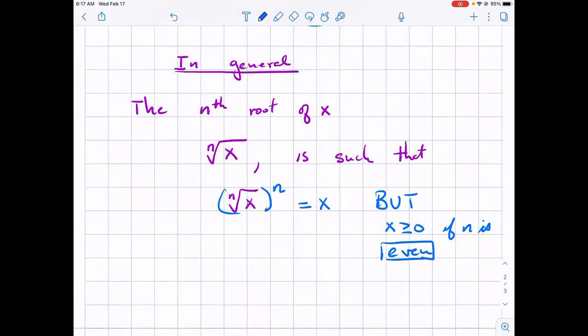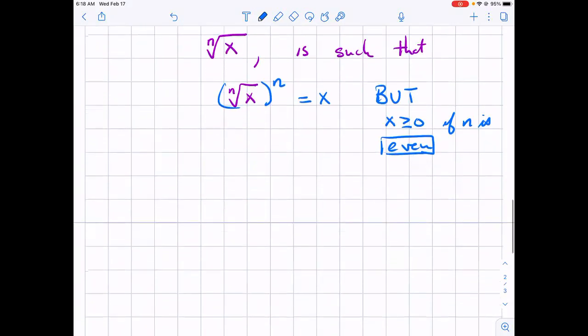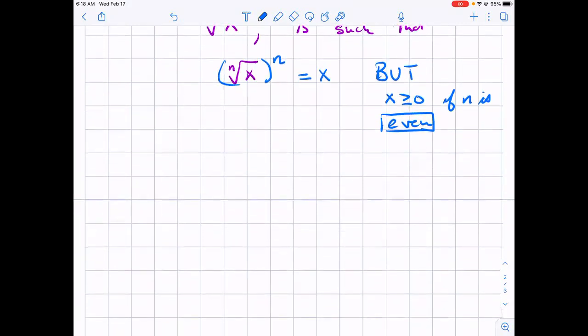Whenever we take a root and the index of the root is even, then the number under the root sign must be positive. So let's look at an example.